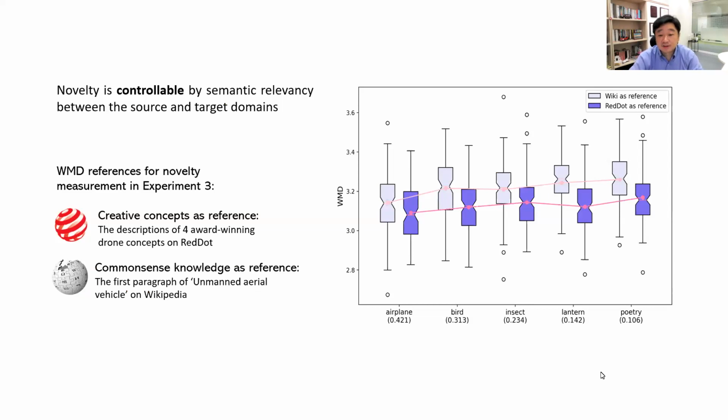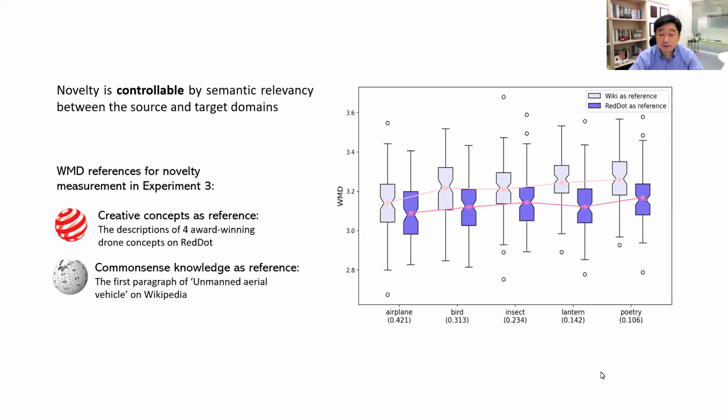All those concepts exhibit novelty to different degrees according to our evaluation, based upon the WMD distance between those concepts and two benchmarks. One benchmark again is from Red Dot, the descriptions of award-winning designs related to drones. The second benchmark is the first paragraph describing UAV on Wikipedia, which provides the general benchmark of UAV, which is a drone.